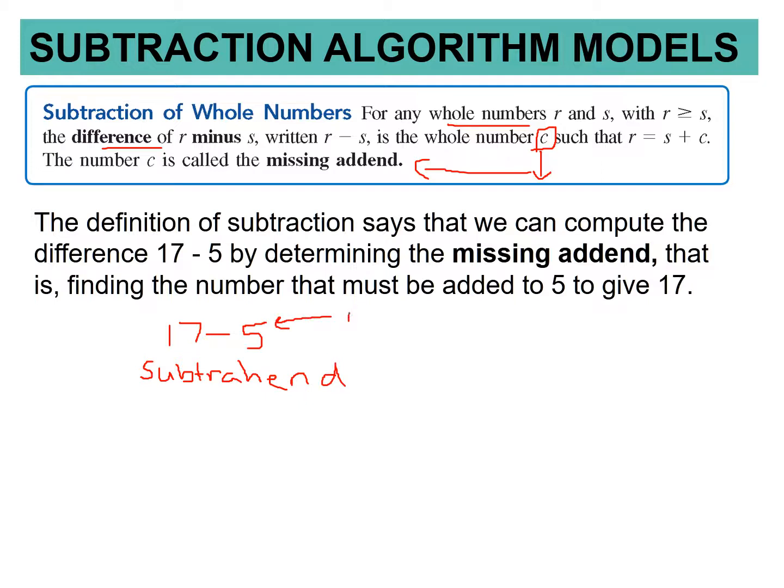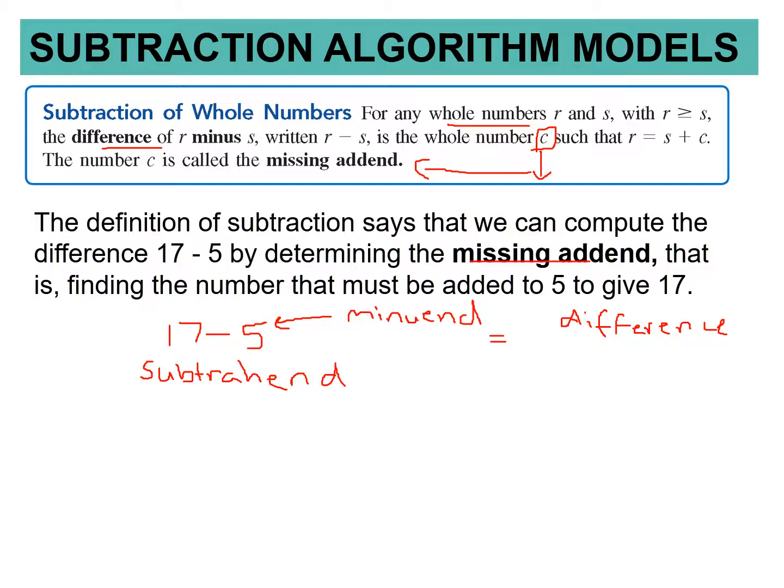This is the minuend. Now, subtrahend is the number we're going to be taking from, and the minuend, you can think of minute as small, is a smaller number we're going to subtract, and our answer is called a difference. Or we can call it the missing addend. Okay, so I find the answer by saying, what do I have to add to 5 to get 17?